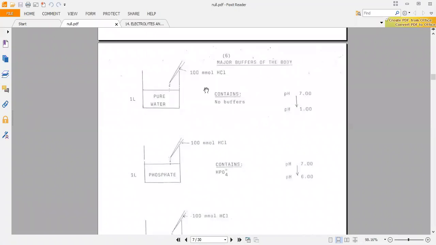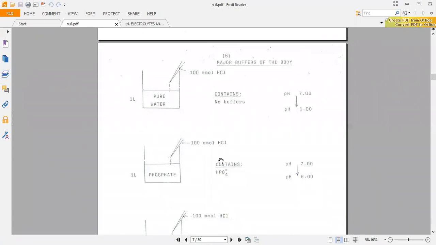We know pH is equal to negative log of H plus ion. So here, if I have 100 millimoles in 1 liter, 100 millimoles is 0.1 mole, so the concentration will be 0.1 molar HCl, and that pH is equal to 1.